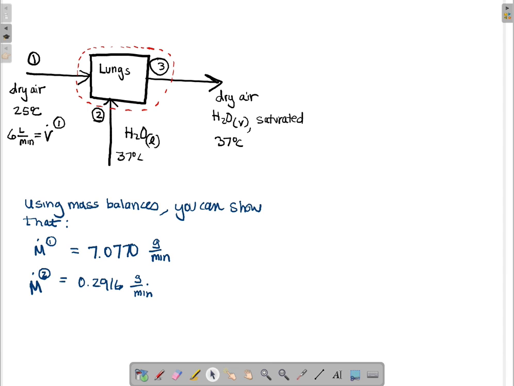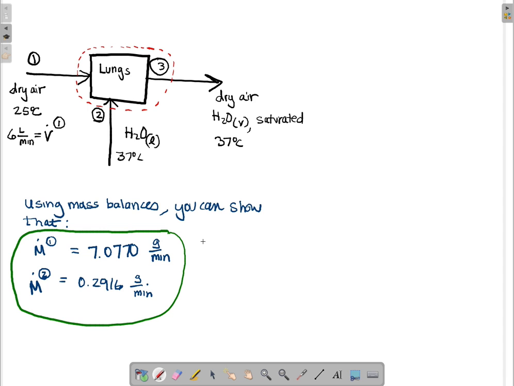And then, therefore, when you breathe out, you now have dry air, but it's saturated with water at 37 degrees C. And I'm not going to show how to do this, but if you do the mass balances correctly, you can show that the mass flow rate of the dry air coming in, assuming the ideal gas law and taking into account its molecular weight, is 7.0770 grams per minute.